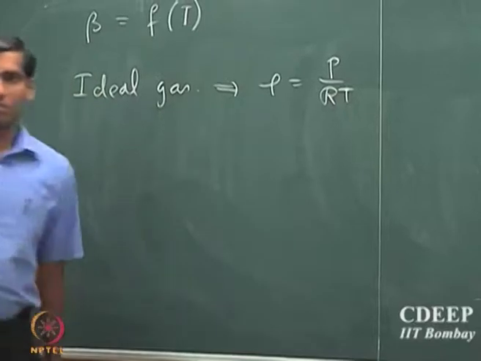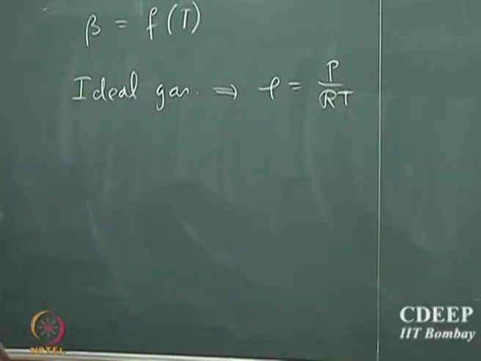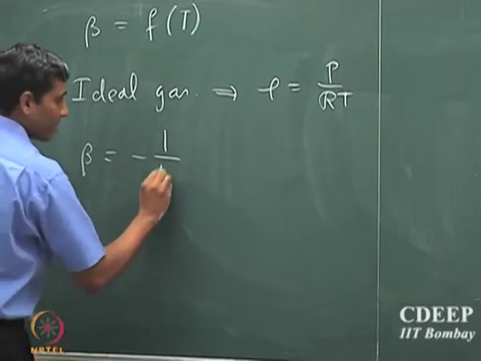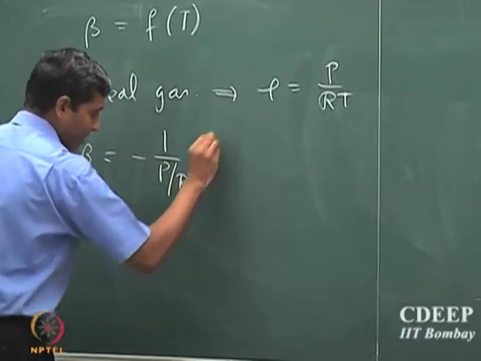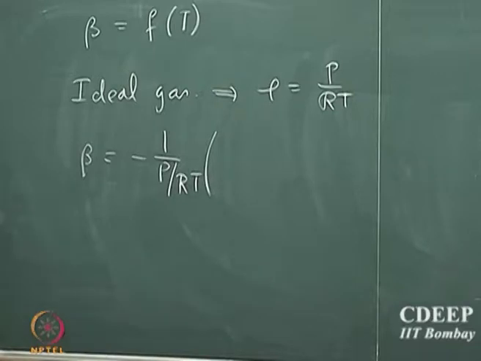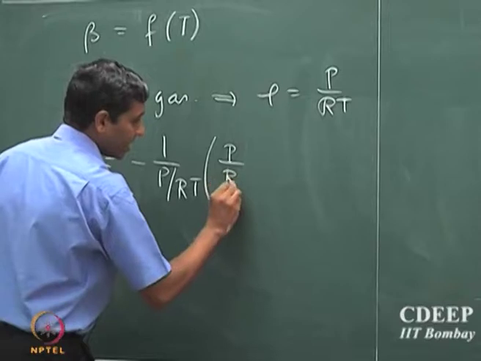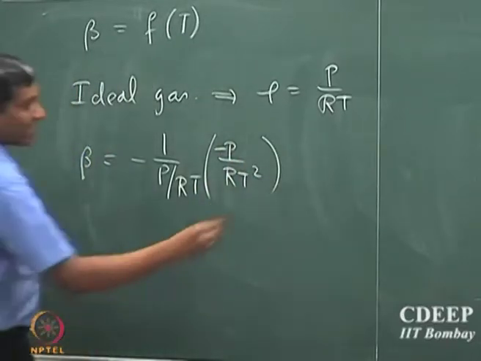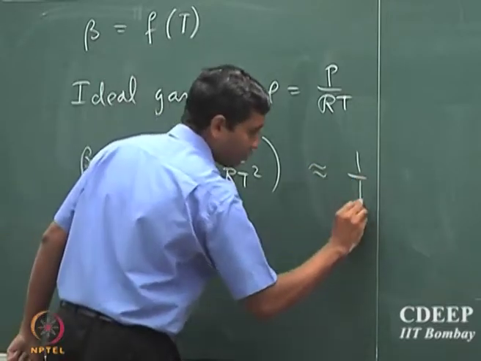From here we can write that beta is minus 1 by P by RT into d rho by dT at constant pressure. That will be P by R T squared with a minus sign. So that will really scale as 1 over temperature.